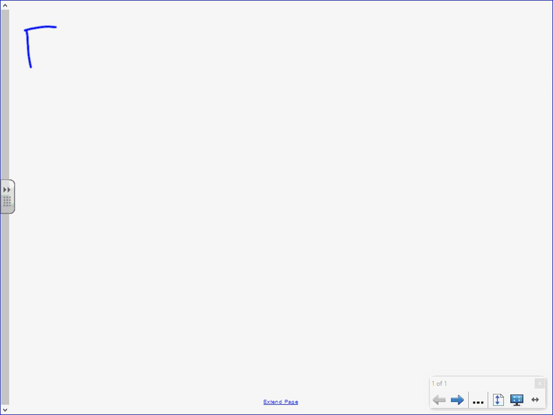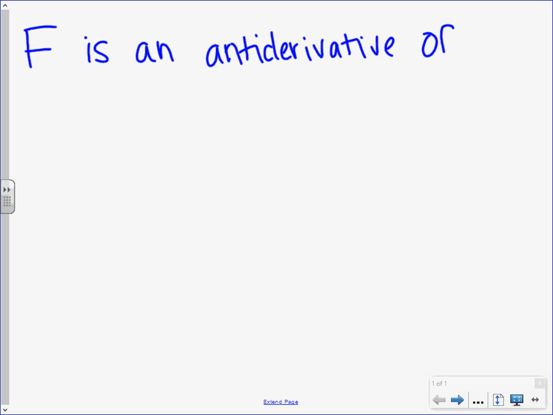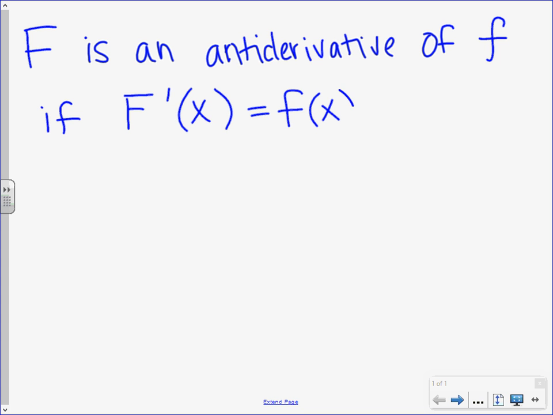All right, so capital F is an antiderivative of f if the derivative of our antiderivative is the function.